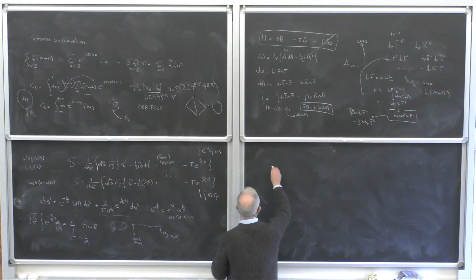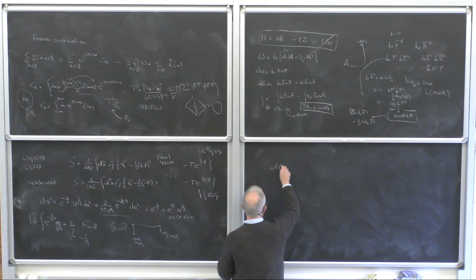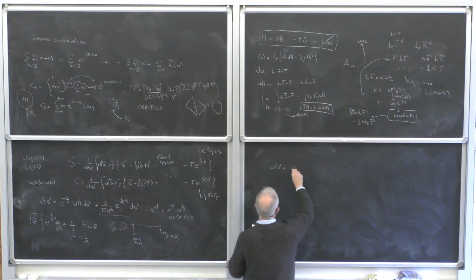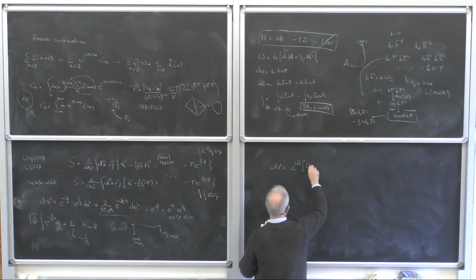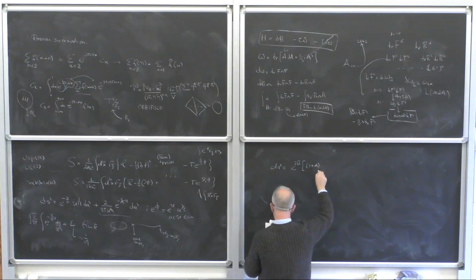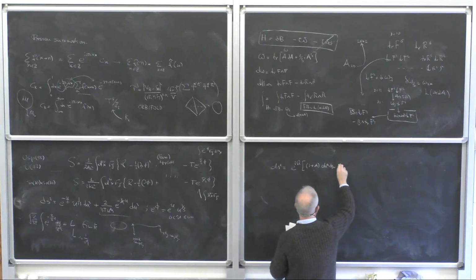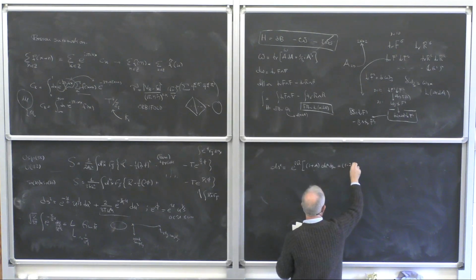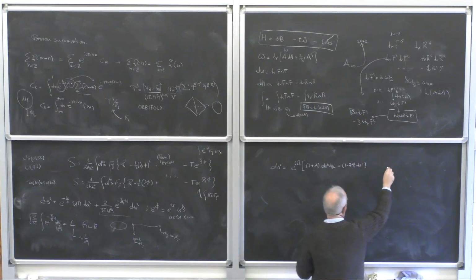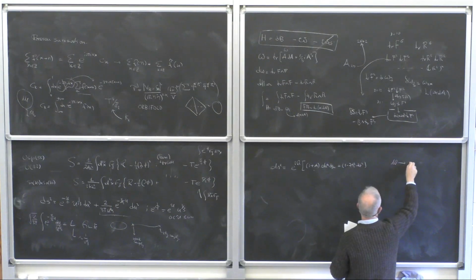So let me tell you, you do the following thing for the metric. First of all, you write the metric in what is called the conformal gauge or conformal coordinates. And the scalar perturbation is this deformation of the metric. The compactification goes from 10 to 9 dimensions.